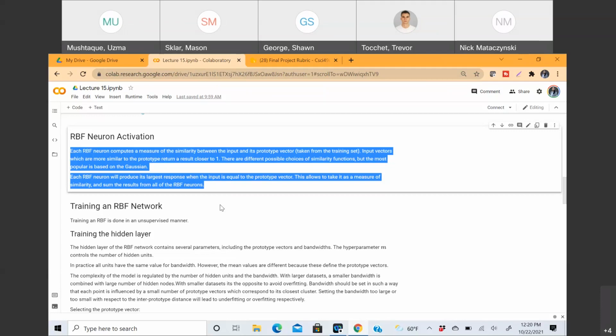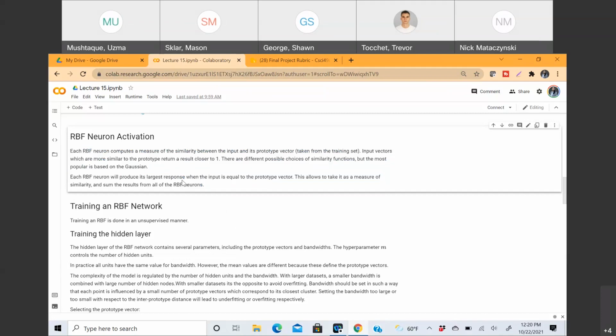So the farther you are from your prototype, depending on the value of sigma that you chose, the lower the activation is going to get. So that's the high level idea. And yes, each neuron will produce its largest response when the input is equal to the prototype. Let's say we found an exact match, so that's the highest activation.